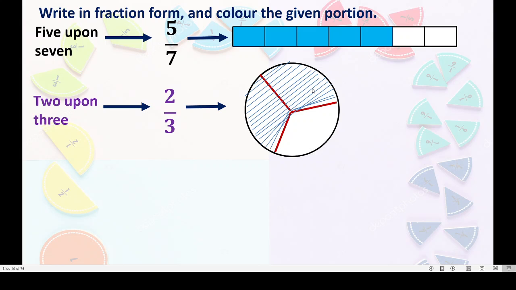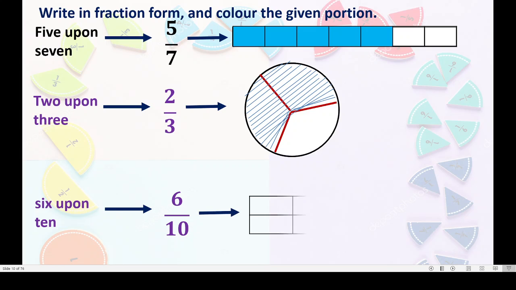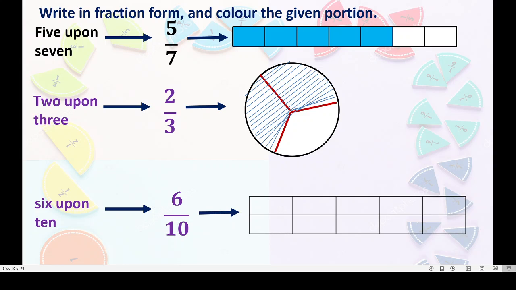Yes. Next is 6 upon 10, which means 6 will be in the numerator and 10 in the denominator. Right? Now see the figure. Here 10 equal parts are there in the rectangle. How many do we have to color? 6 parts.